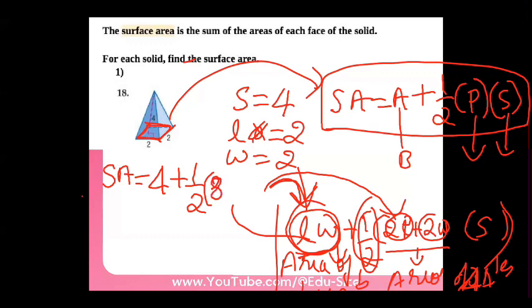Half into 8 into the slant height, which is already given. The slant height of the triangle is 4. Yes, excellent. This is your answer: 4 plus half into 8 into 4.